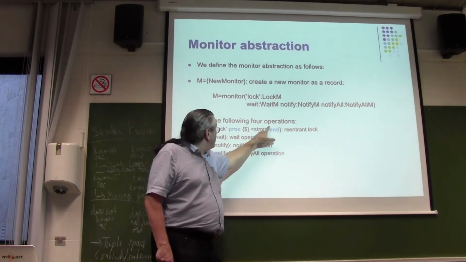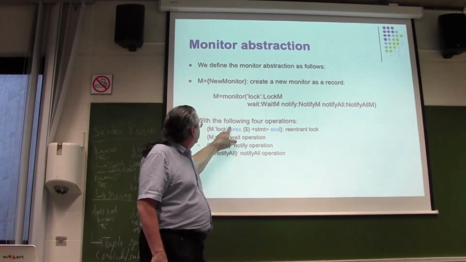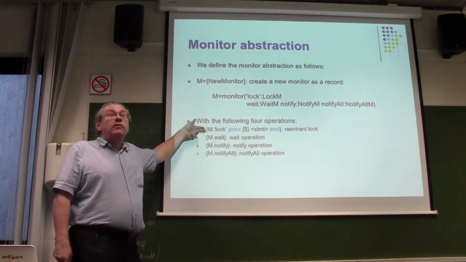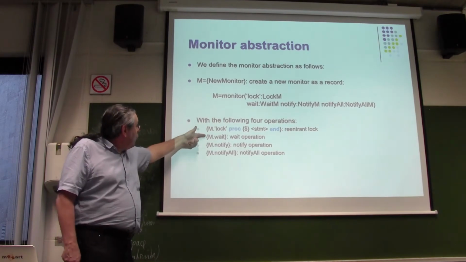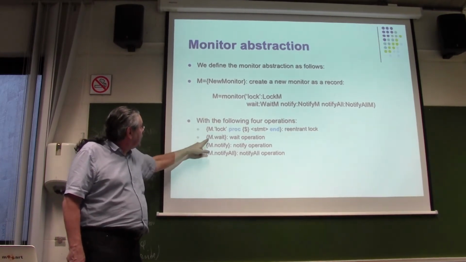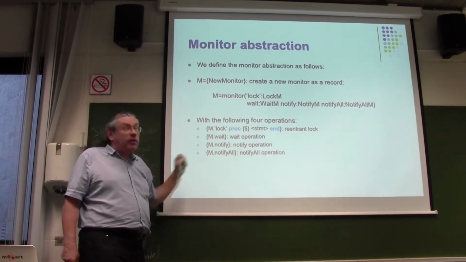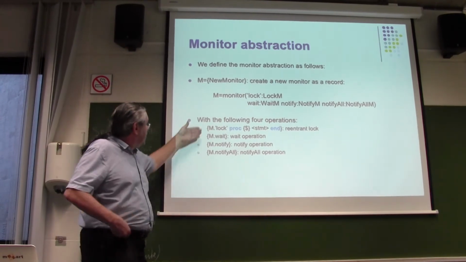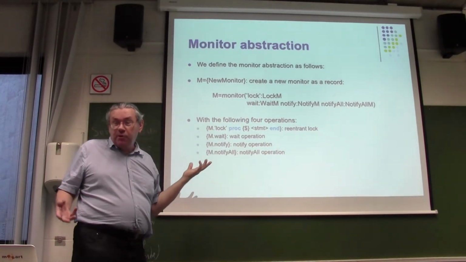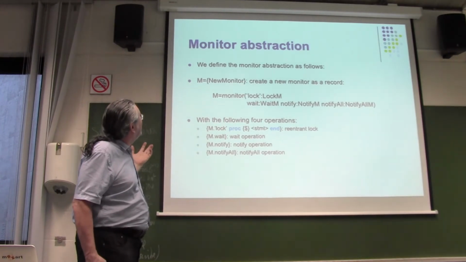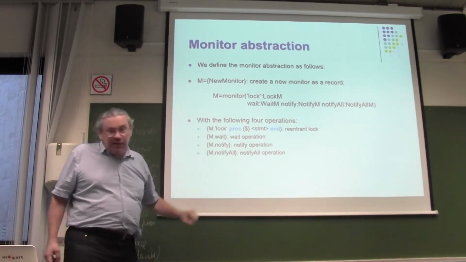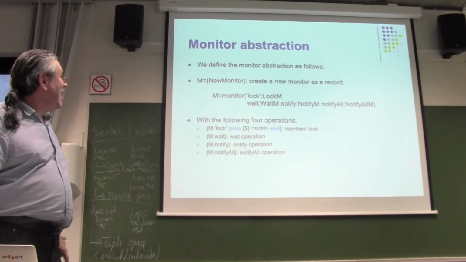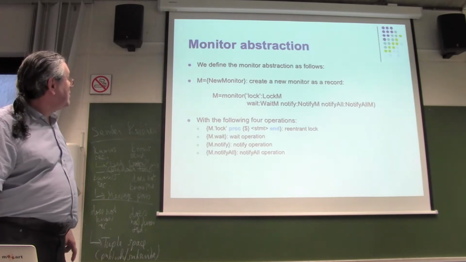You introduce any statement here, but it's higher order, so the statement is turned into a 0 argument procedure, and this is a re-entrant block, like we saw last time. And wait and notify are just called like this. They're 0 argument procedures. So that's pretty straightforward. Standard kind of thing, and most languages do it in a kind of standard way. So with this, we can turn the bounded buffer, which I showed here, into a complete piece of correct code.